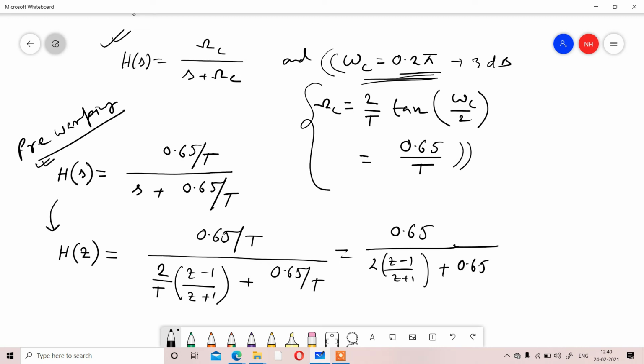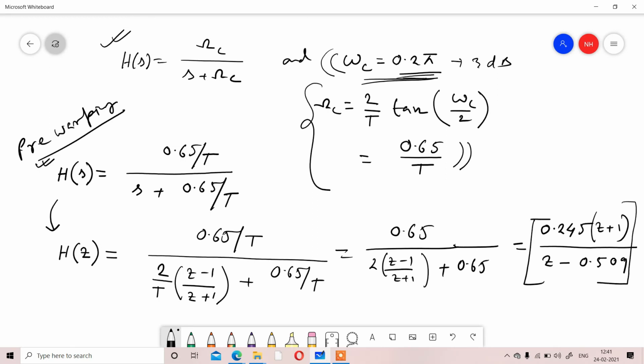Now from that expression, if we calculate H(z), H(z) will be 0.245 times z plus 1 by z minus 0.509. So that will be your resultant digital transfer function.